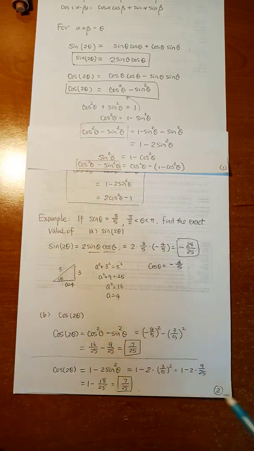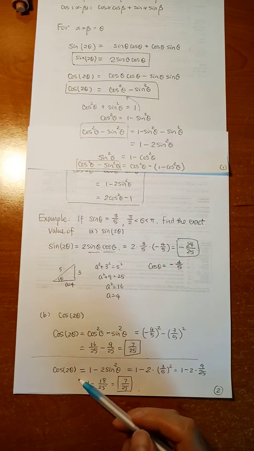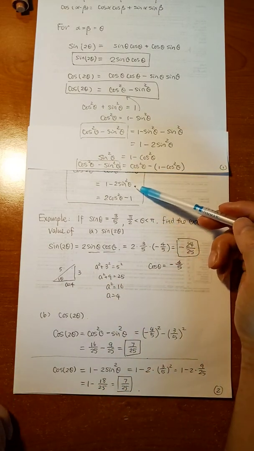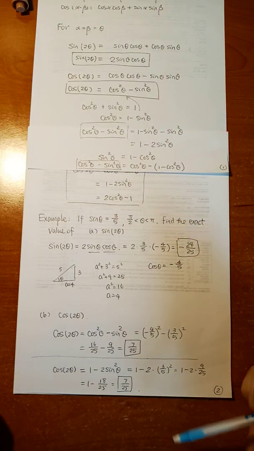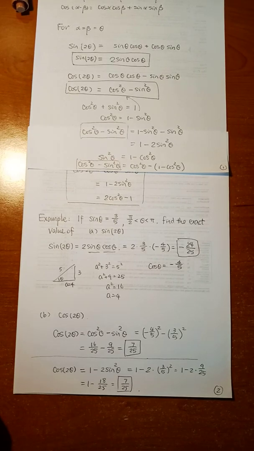So that's the advantage. Especially for cosine 2 theta, sometimes if you choose the proper expression, you will save your time. Okay? Otherwise, you may have to compute some additional values. But it doesn't matter which formula you choose, you will always get the same answer.